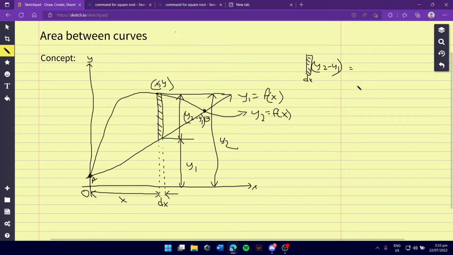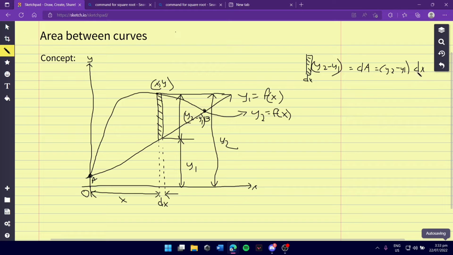Then again, solving for the differential area, since this is your y between the curves, let us distribute. So this will become y2 minus y1. So y2 and y1 here are interchangeable, depending on which you prefer to put first. It is still the same.